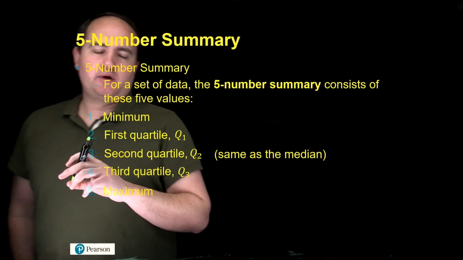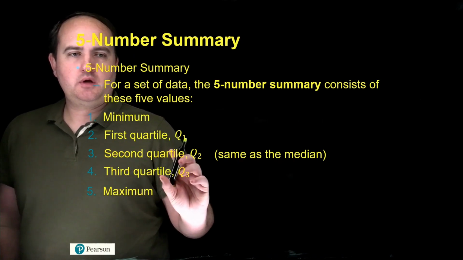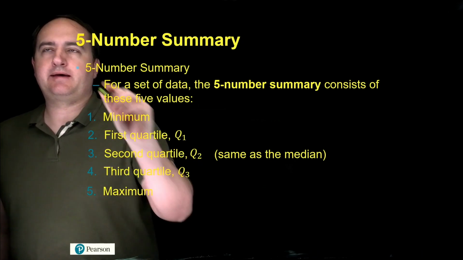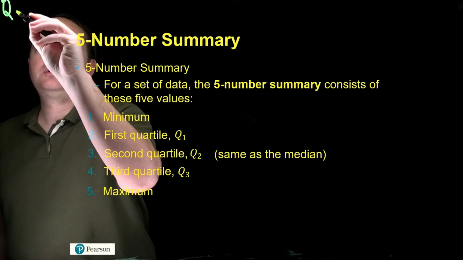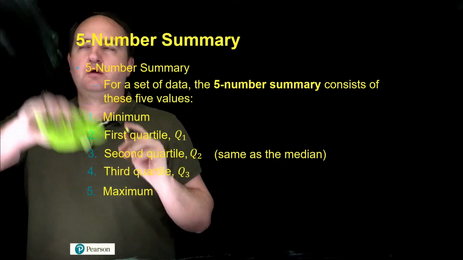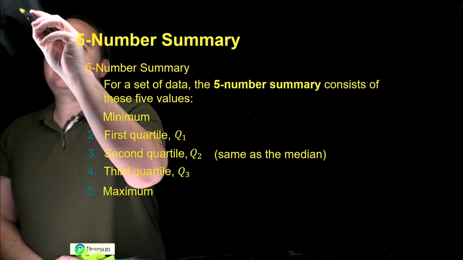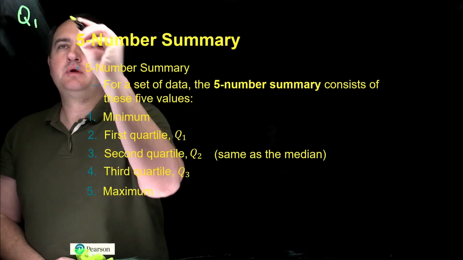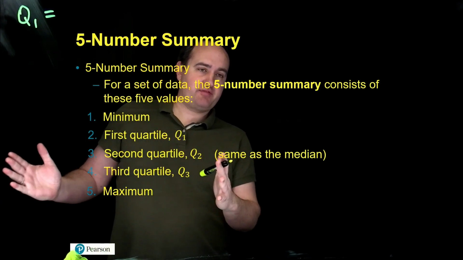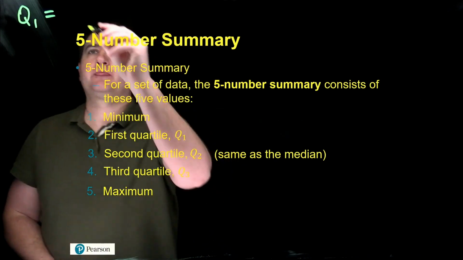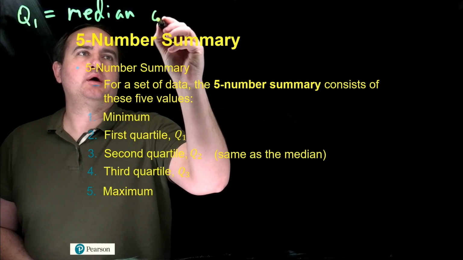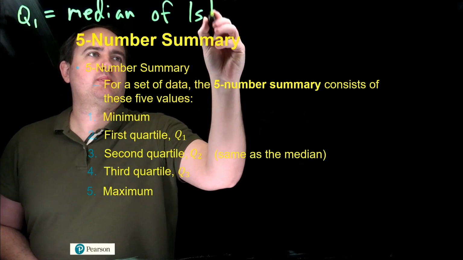So even though it's not written in our book, I did want to write this down. Q1, the first quartile, is going to be the same as the median of the first half of the data values when they're sorted.